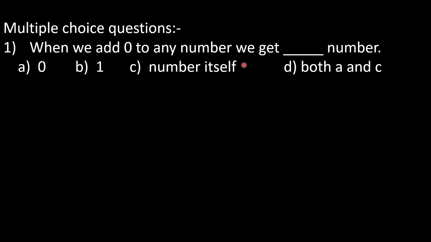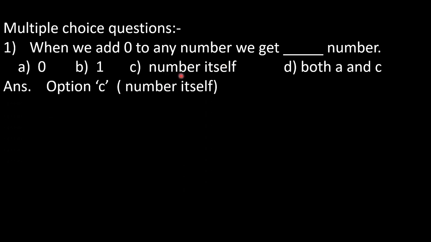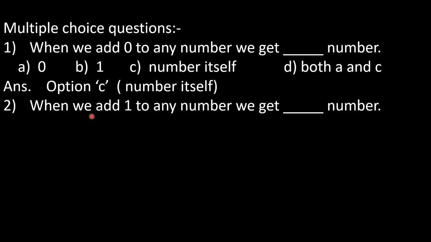Let's see how. Suppose we will add 3 plus 0. So our answer is 3. So it is the number itself. So our answer is option C, number itself. Now question number 2. When we add 1 to any number, we get dash number.